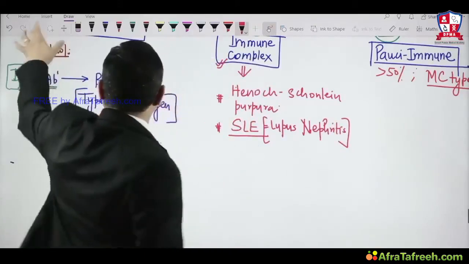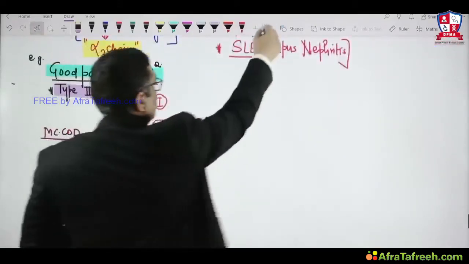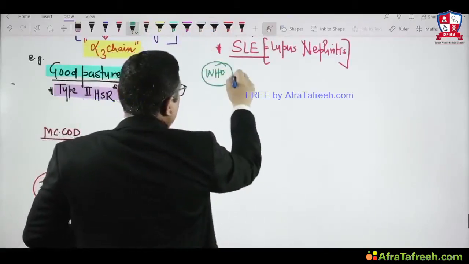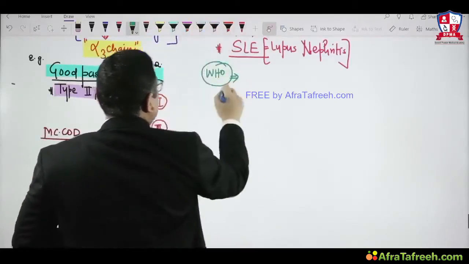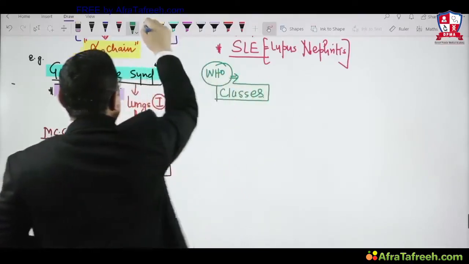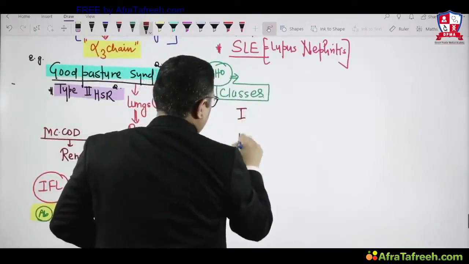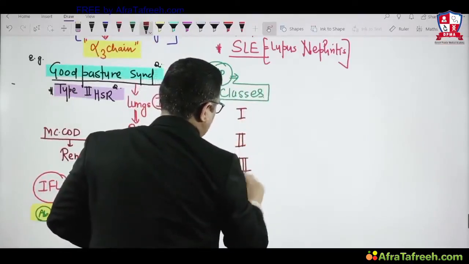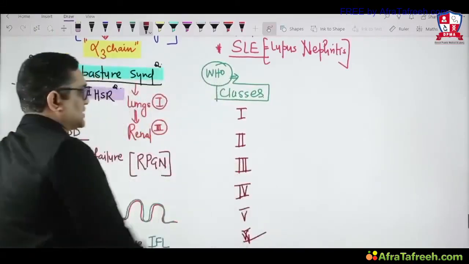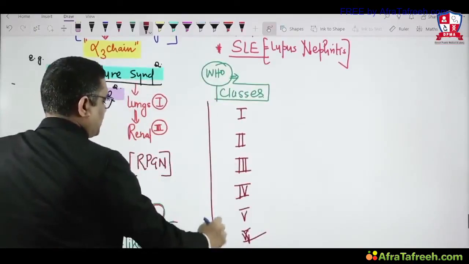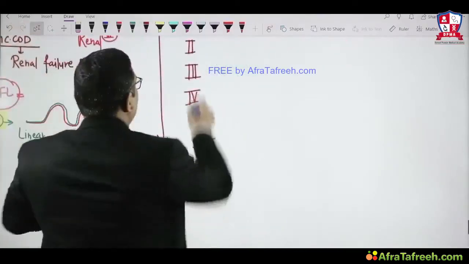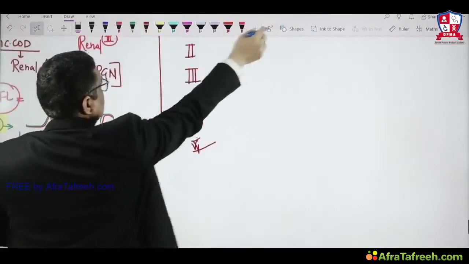What happens in lupus nephritis? According to the latest WHO classification, lupus nephritis has been divided into 6 classes, right? Class 1, 2, 3, 4, 5 and 6. There are 6 classes in order of worsening of the prognosis. Remember, as you go down, there is worsening of the prognosis.